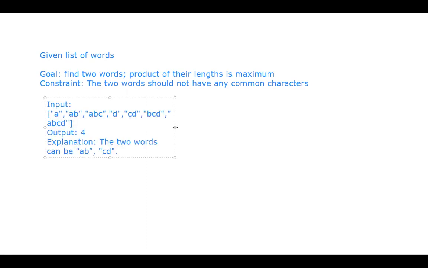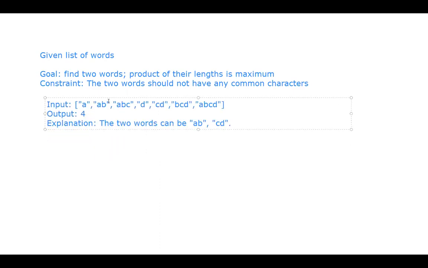Here's an example. You're given this set of words, and the answer is these two words, with no common characters, and the product is 4, which is the best possible product you can get under the given condition. Is the question clear to everyone?